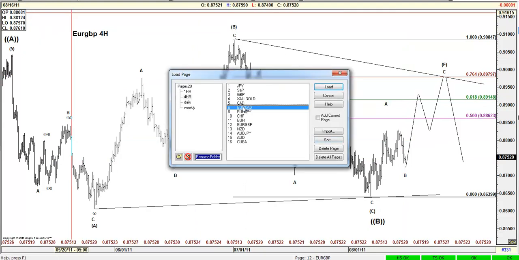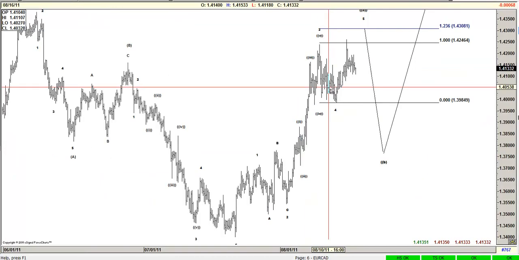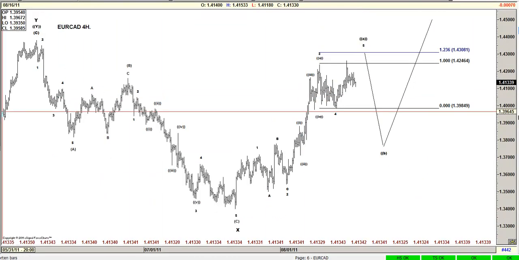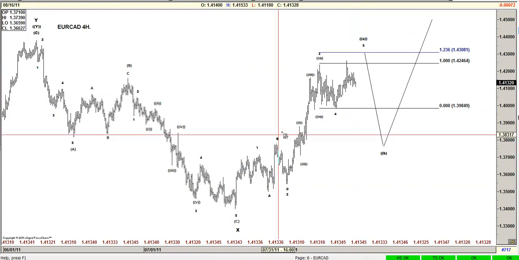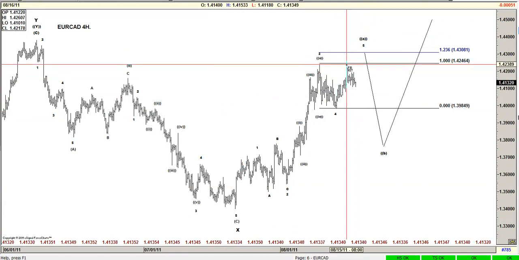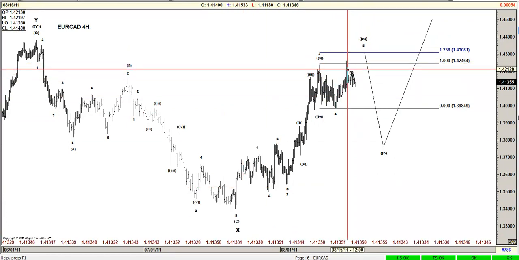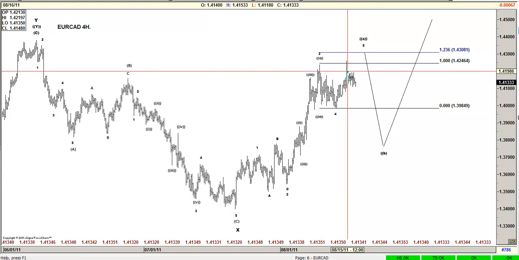And then this is another one that I like. I like the euro cat. I'm not sure if this move completes right here or this is going to be another trap. This pair does a lot of traps, guys. It does a lot of wave 4, flat, I mean a lot of traps.